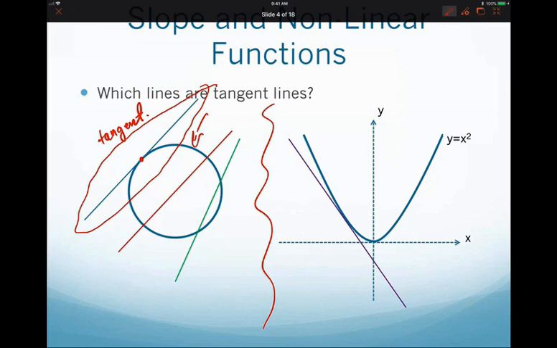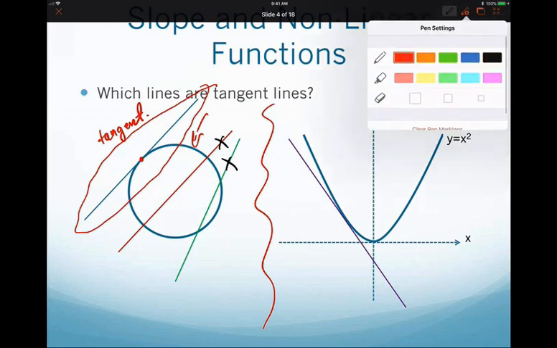Again, I've drawn these with large lines, so yes, it looks like it's touching in a bunch of places, but that's the tangent point there, right? This one happens to go right through the middle of the circle, so this is not a tangent line. This is not a tangent line as well because it intersects the circle at 2 points, right? It can only just barely touch it at one point, okay?